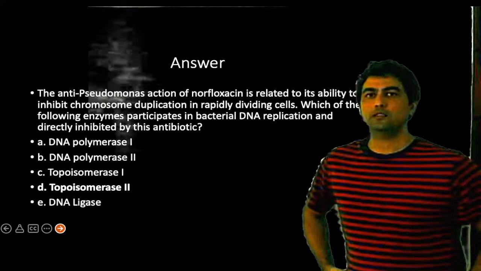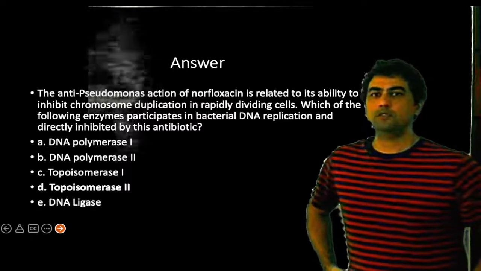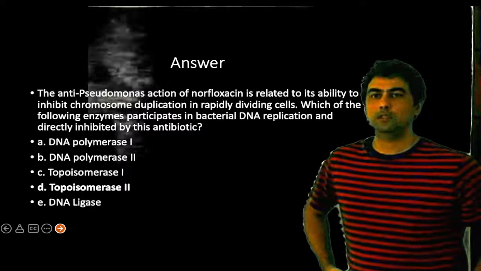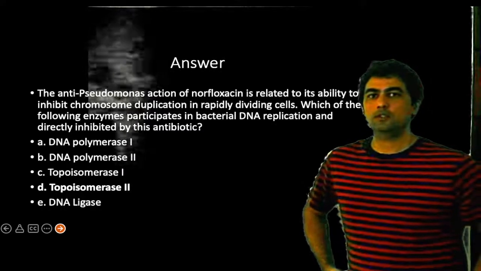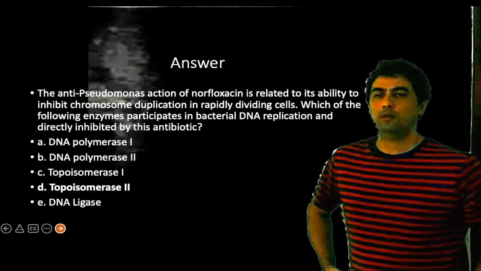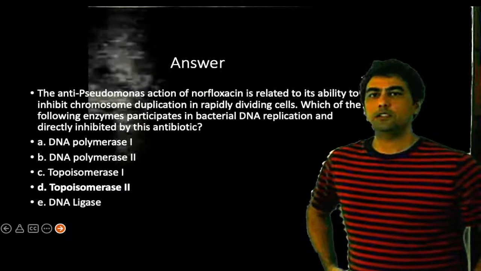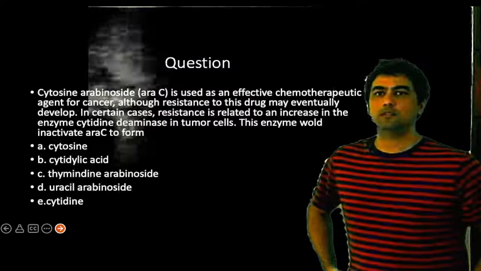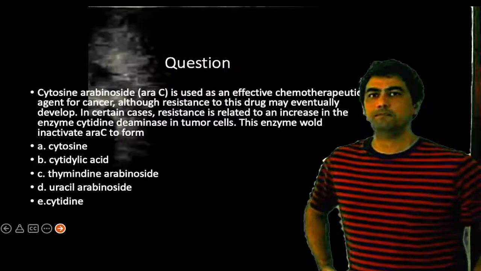Norfloxacin inhibits topoisomerase II. It inhibits replication by inhibiting the unwinding of the DNA.